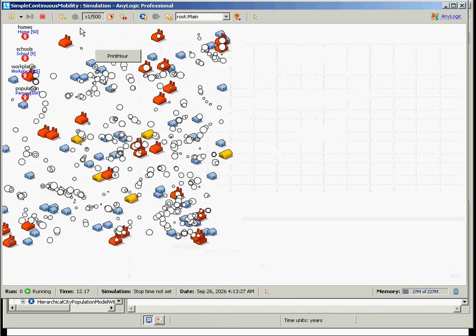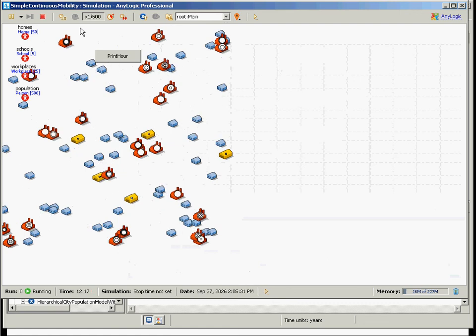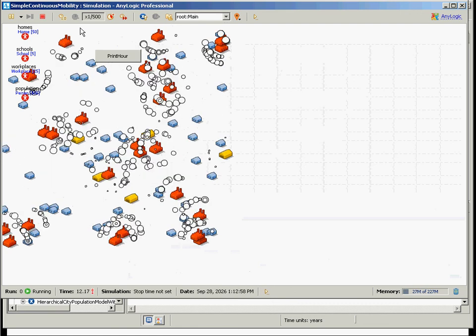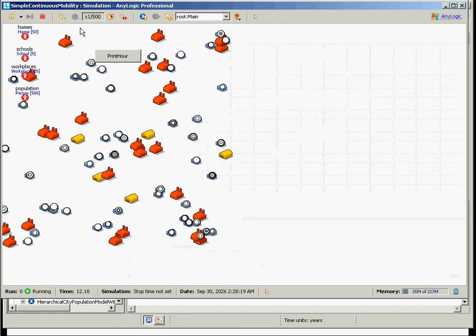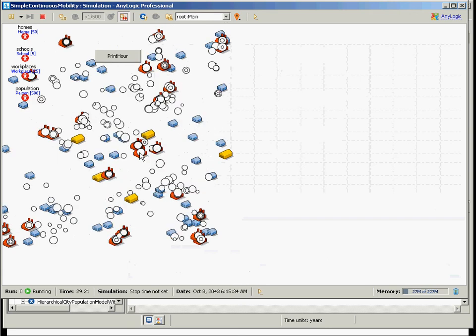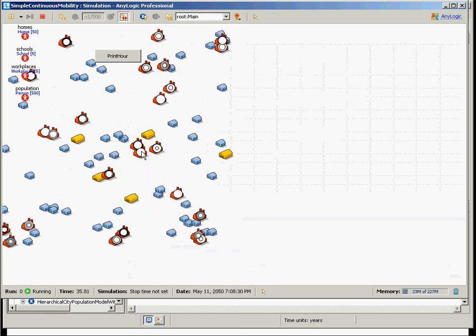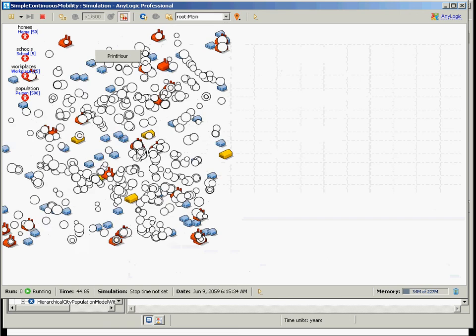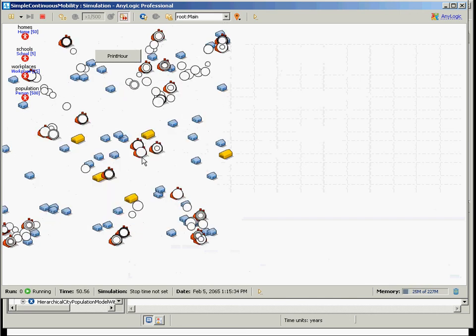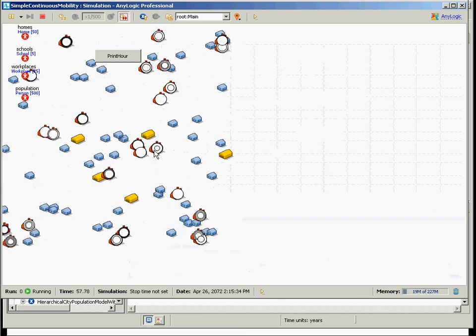Those circles are slowly growing, and that's representative of the aging process that's occurring at the level of each individual. So the population as a whole is aging here, hence the ages associated with these workplaces, etc. There's no one going to school now because everyone's aged out of it.